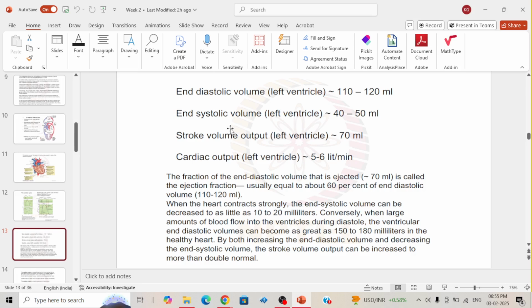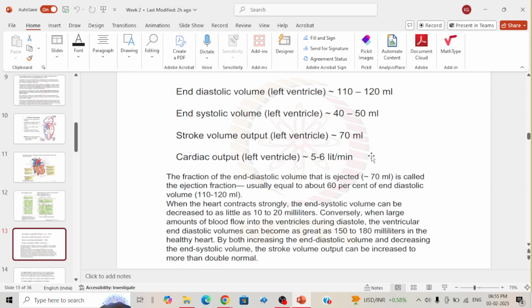Okay, so here the stroke volume is 70, and when you multiply this 70 with 72 beats per minute, which is the resting stage of the heart, in which in 1 minute it will beat 72 times, which is said to be a normal condition. So when you multiply this, you will get around 5 liters. Okay, the amount is around 5 liters.